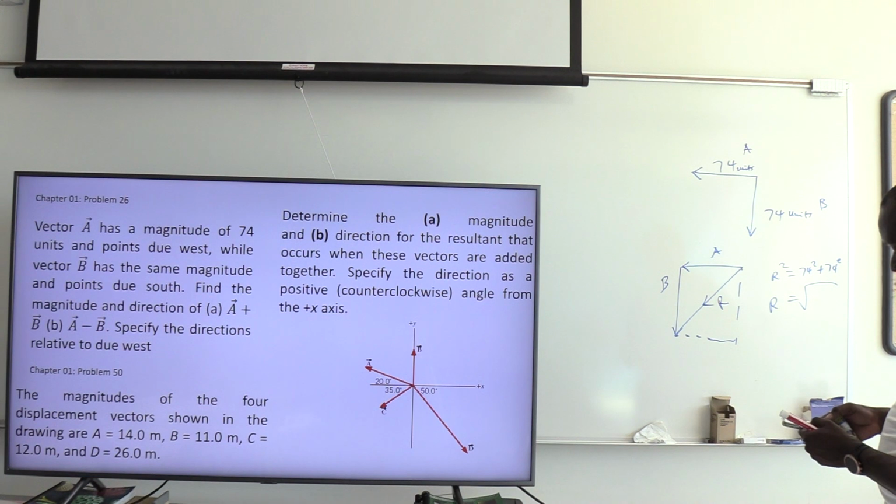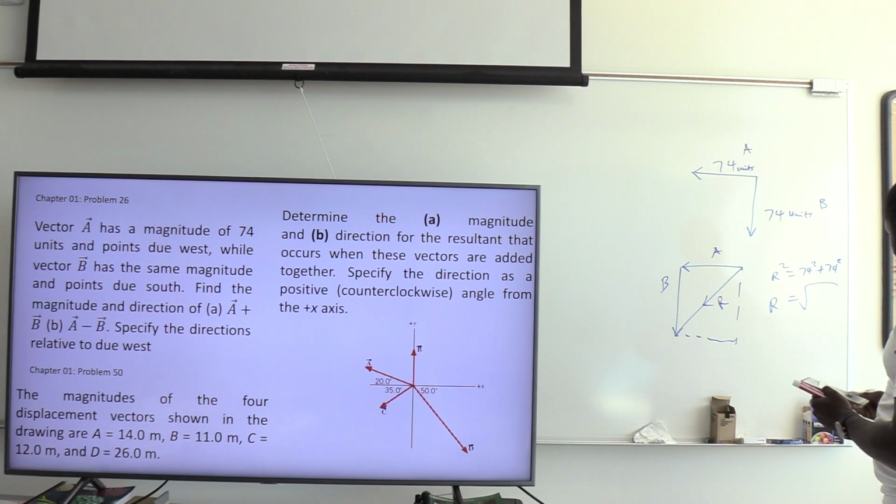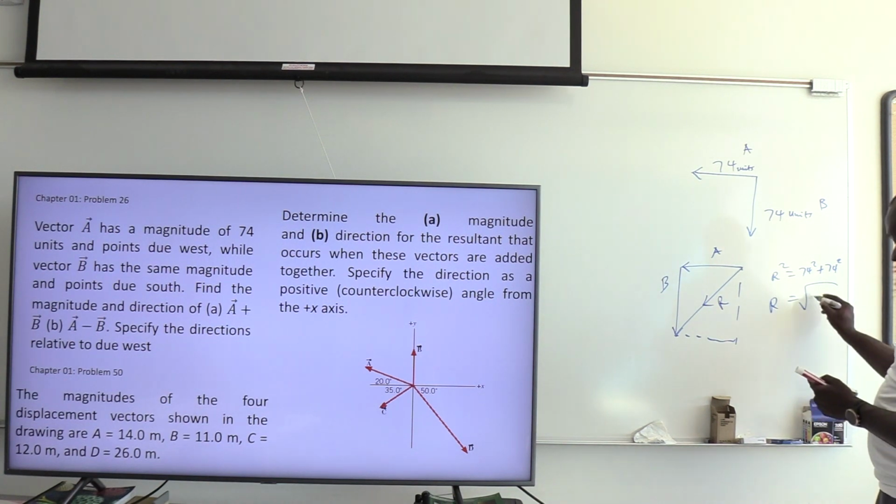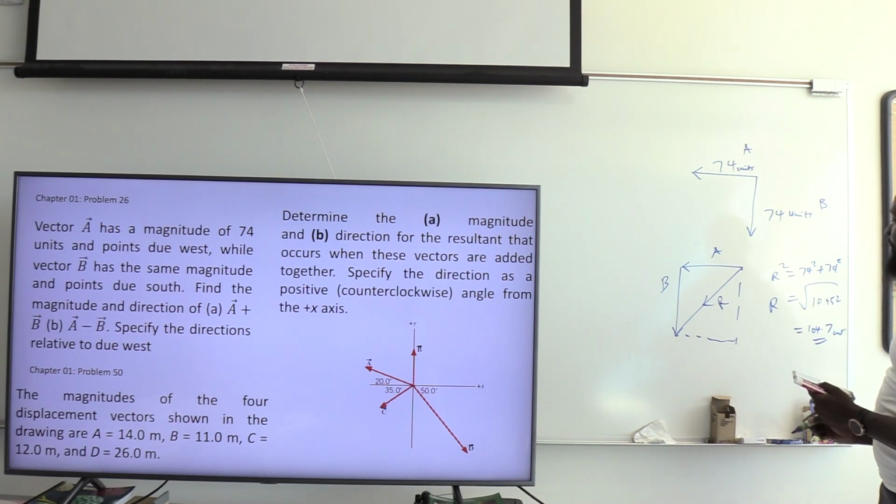Take the square root of that. It's 104.7 units.